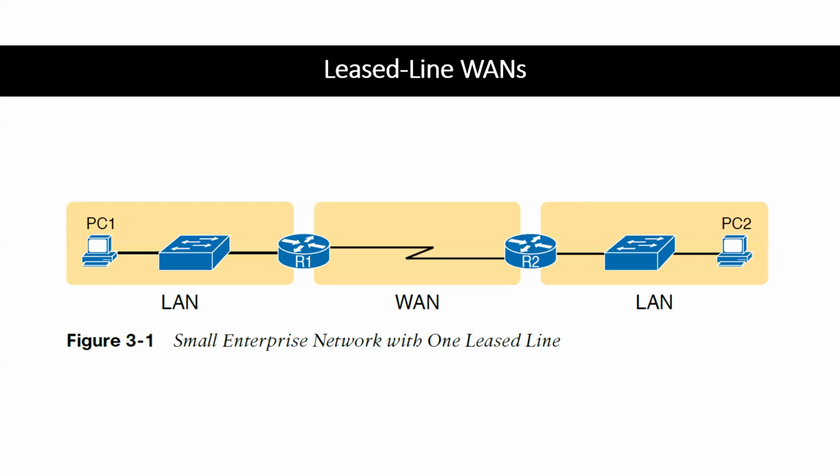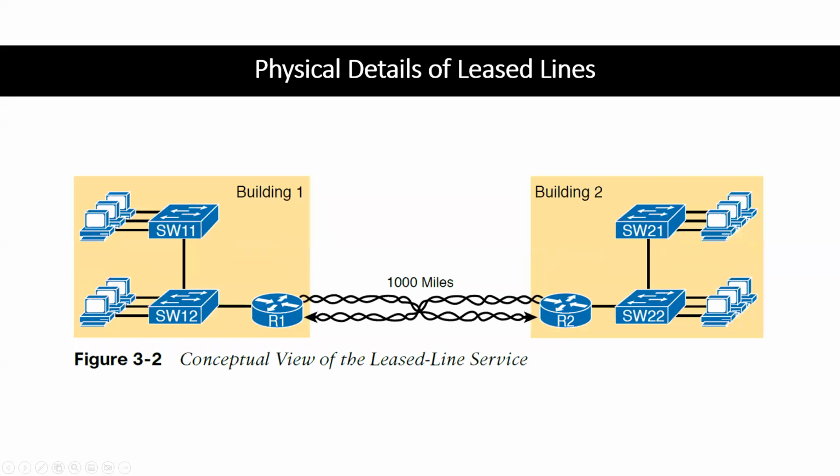Okay, let's keep going. This diagram shows, not exactly how it looks, but just a conceptual view of how the lease line service looks. You have your local area network, your switches. You guys have seen switches before.